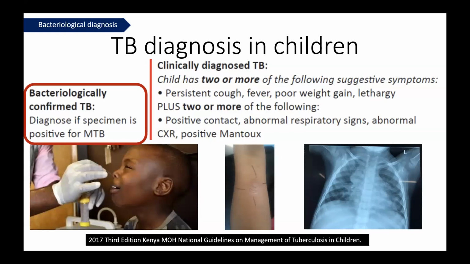And remember, when we get these guidelines, our national TB program also looks into them and validates them. So again, it's based on your context, and know your lab. But these are globally approved specimens that are being used for TB diagnosis in children.